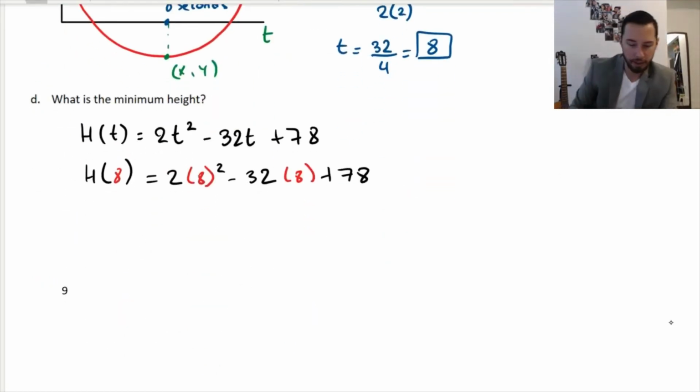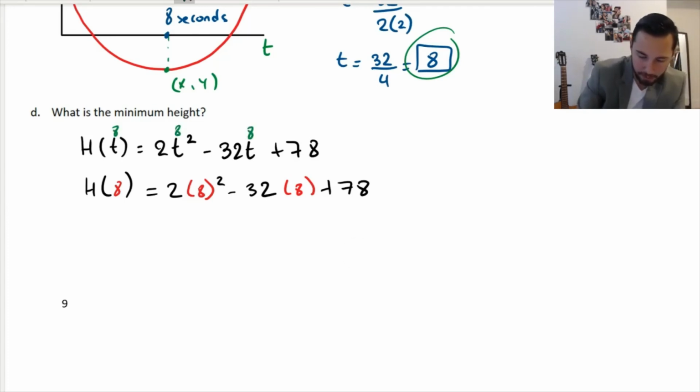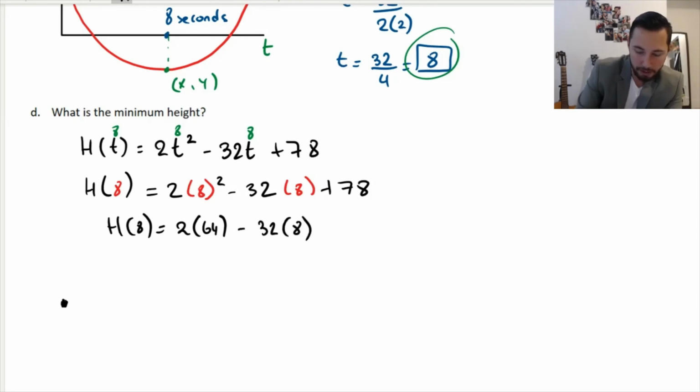Here I have the same thing. All I did was grab my time and plug it in, so this will be 8, this will be 8, and this will be 8. So h of 8 is equal to, again following order of operations, 8 squared happens first. 2 times 64 minus 32 times 8 plus 78.